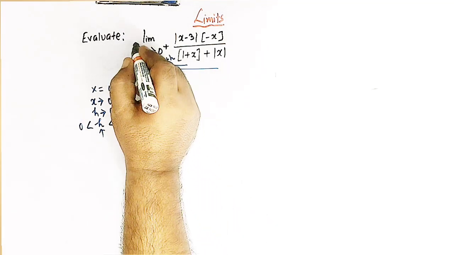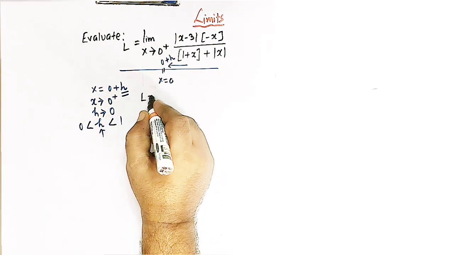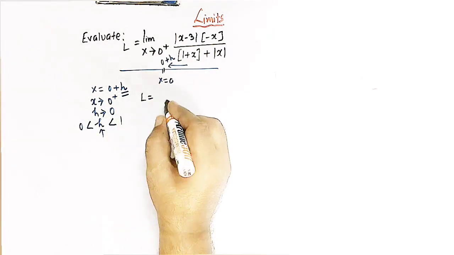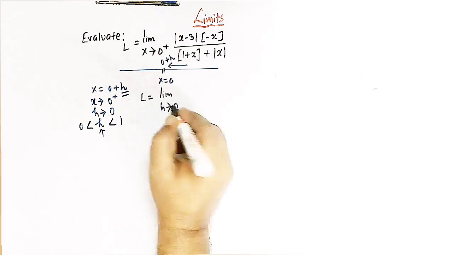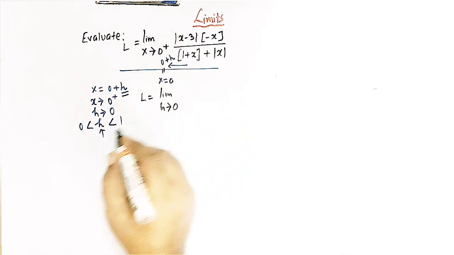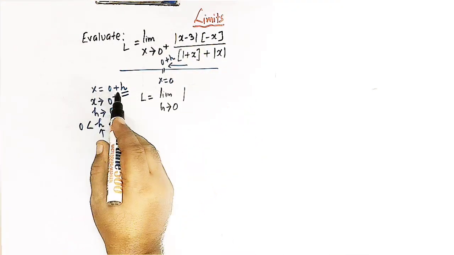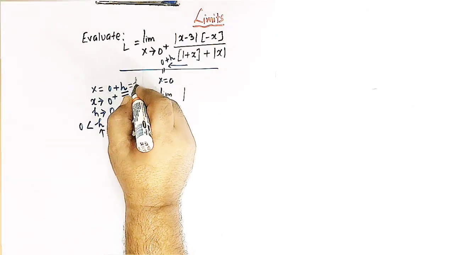So now let us call this limit as L. So L can now be written in terms of h, that is we have limit h tends to 0, and here we have mod of x minus 3. Now x can be replaced by 0 plus h, that is simply h.